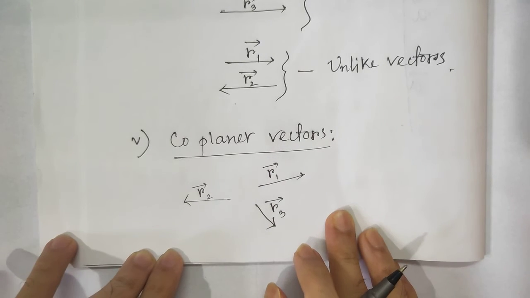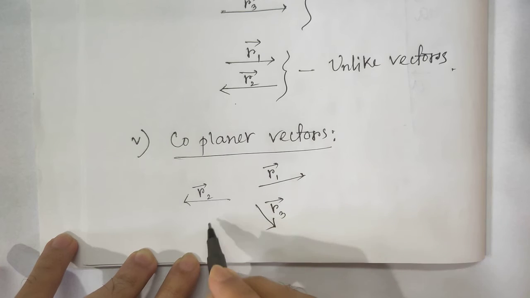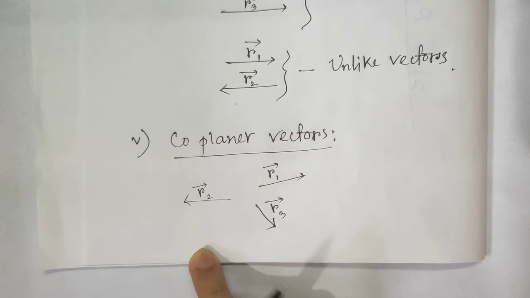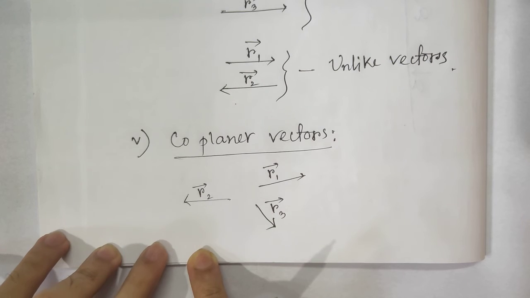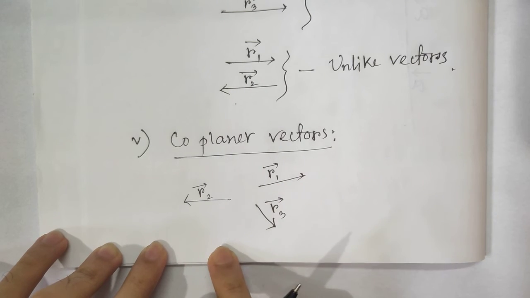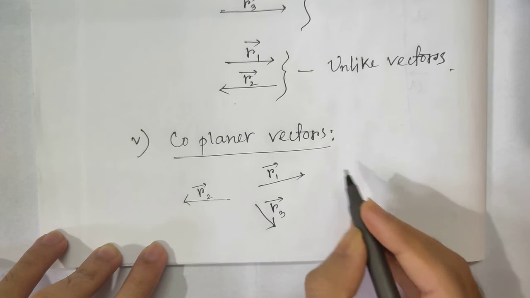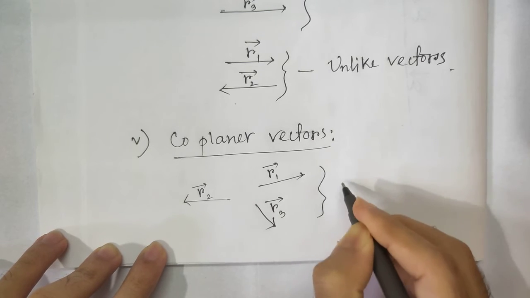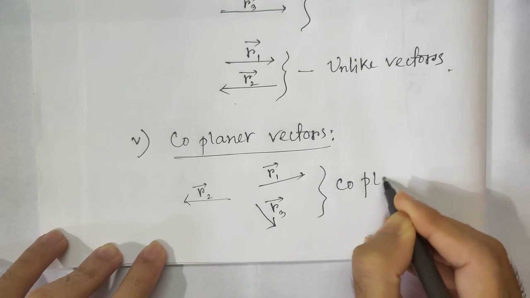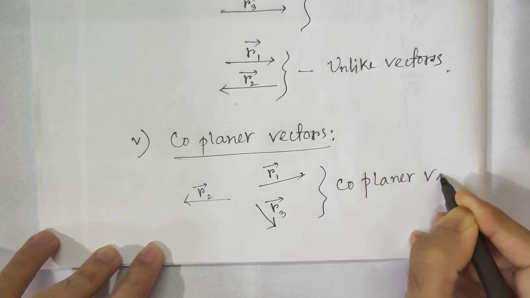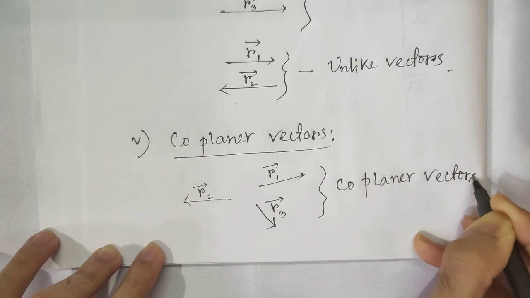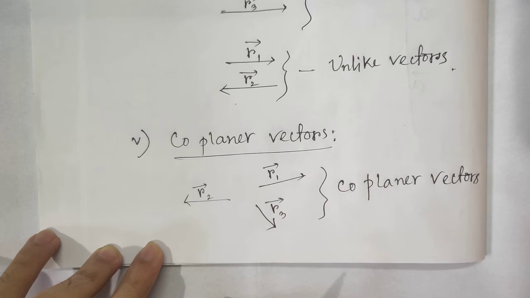Here, as you can see that r1, r2 and r3 lie on the same plane, that is, lie on the plane of the paper. So these three vectors are called coplanar vectors. That is, they lie or they are situated in the same plane.